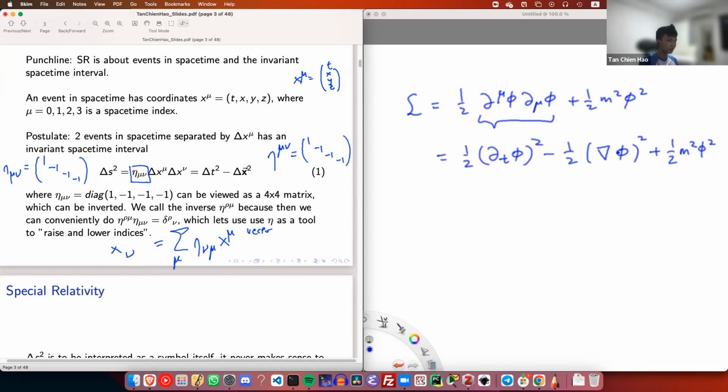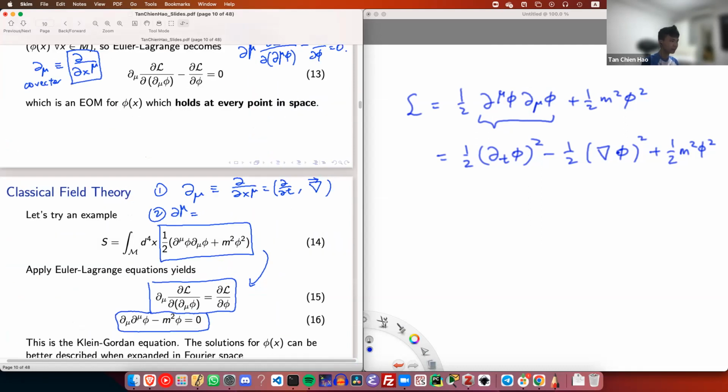So when you write it in terms of indices, the derivative with the mu in the upper index is just the contraction like that with this. If we carry out the contraction, we see that partial over t remains unchanged, but the nabla, the gradient operator for the spatial part, picks up a negative sign.